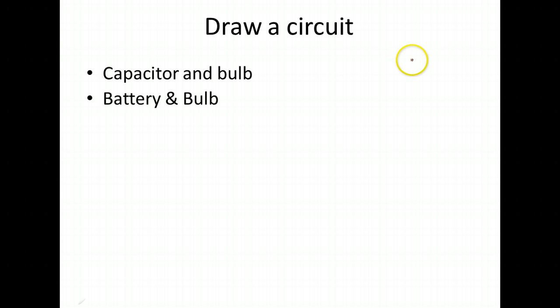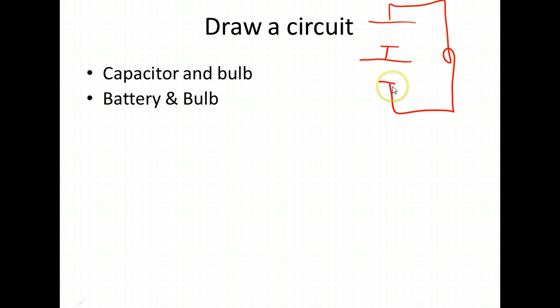Good job. Good question. So I would draw a little connecting wire between them, right? And I would do 2 batteries and my light bulb. Yay! Good job. Nice work.